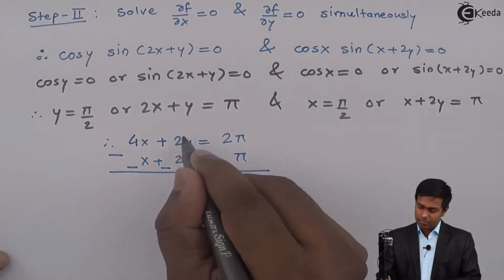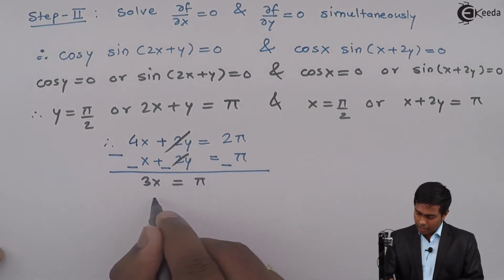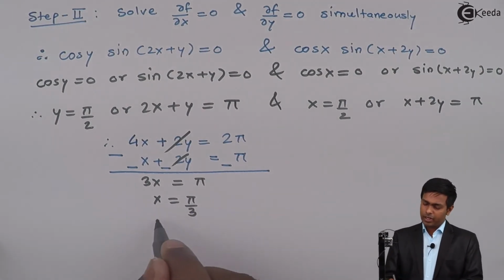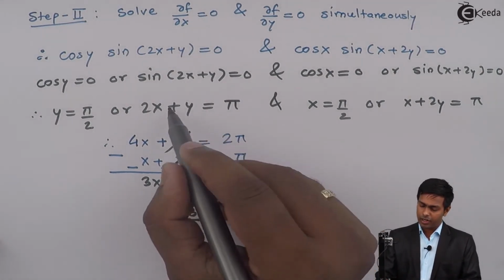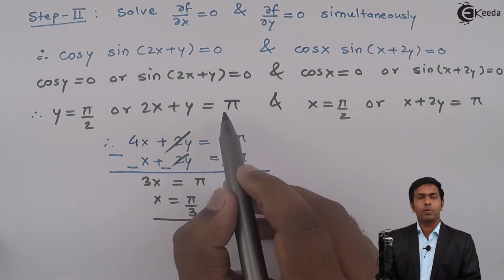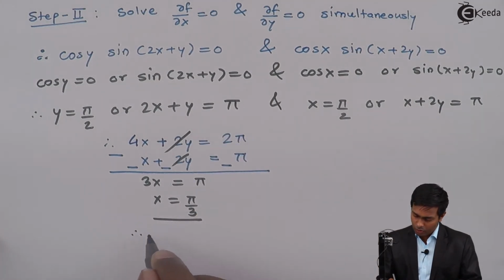So we can cancel this plus 2y minus 2y. Here we'll get 3x equal to pi, or I can say x equal to pi by 3. By substituting x equal to pi by 3 here, we'll get 2 pi by 3, and y will become pi minus 2 pi by 3, that is pi by 3. So therefore y is equal to pi by 3.